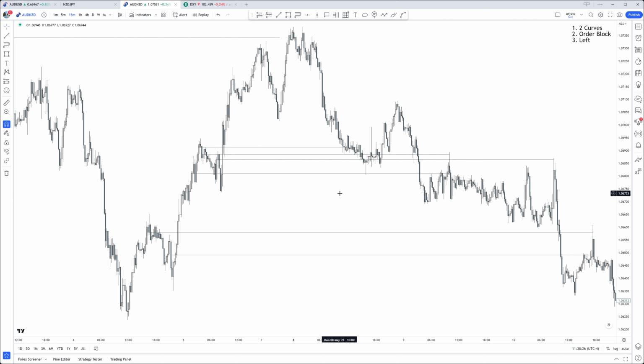PD arrays are great, absolutely awesome, but especially reclaimed order blocks, I only like to use them when they are overlapping with another PD array. So instead of having 1,000 lines on your chart, what I would have is this right here. Why? Let me explain.